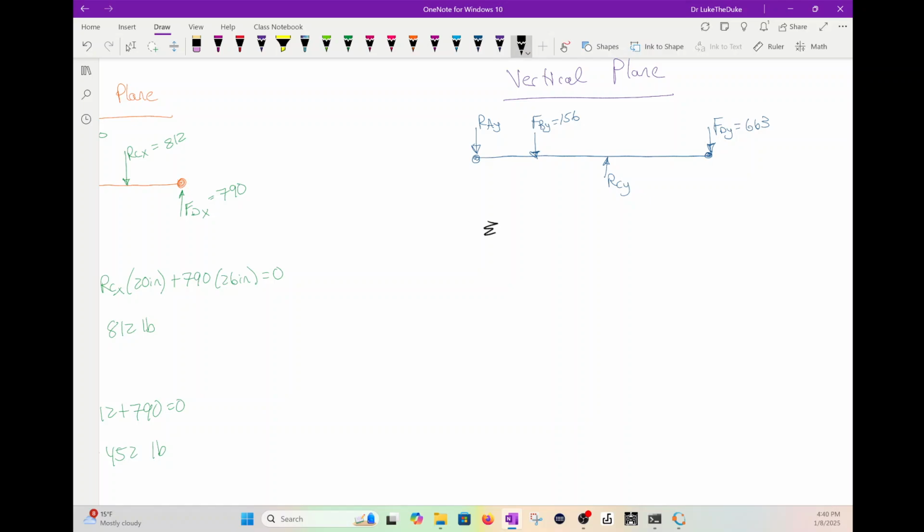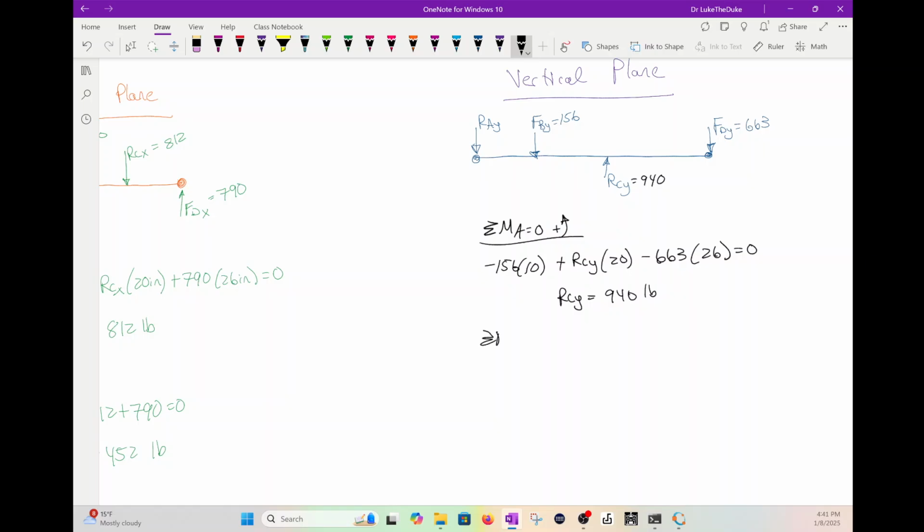So we can sum the moments at A, set it equal to 0: positive 156 times 10 inches plus RCY times 20 minus 663 times 26 equals 0. RCY equals 940 pounds.